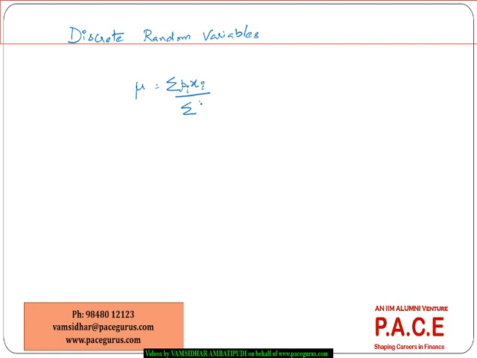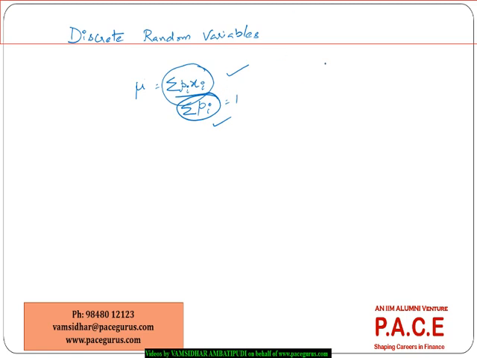Because in the denominator, the sum of all the probabilities is always 1, I can very well ignore it. So it is as good as saying multiply the probability with its corresponding value and sum it up. That is what we are calling the mean. So it's a special case of the weighted mean where the outcomes are weighted by their probabilities, and the sum of all the weights is equal to 1 because the sum of all the probabilities is equal to 1.